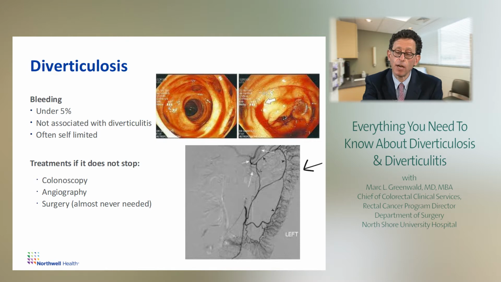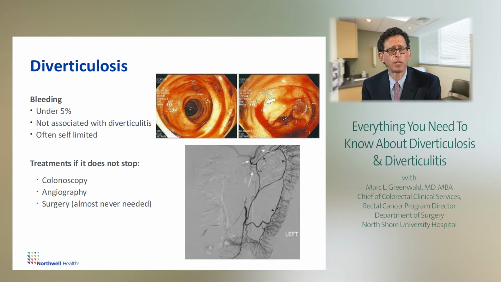And this is the outline of the colon, and this dark area is the contrast or the dye inside the colon. And if there is a spot that opens up where they can see the bleeding, then the angiographer or the radiologist can then stop the bleeding by placing a little material inside that blood vessel to sort of clog it up.